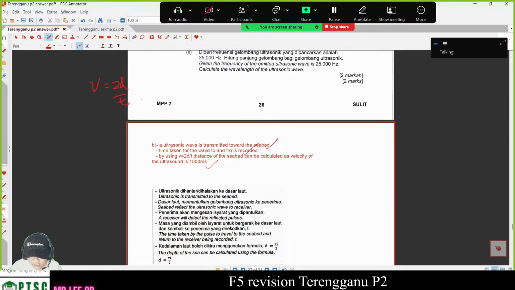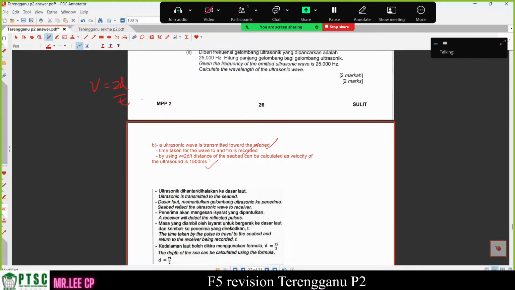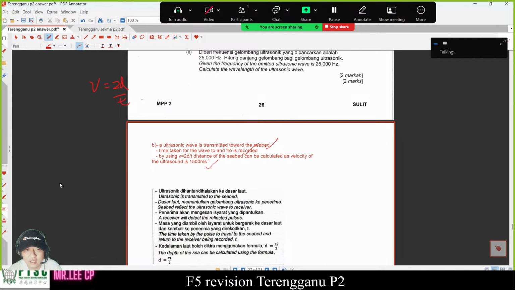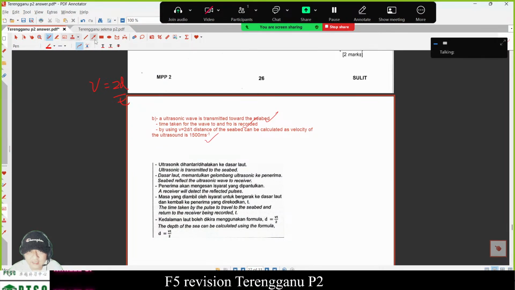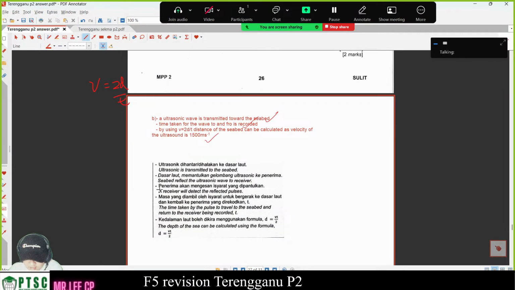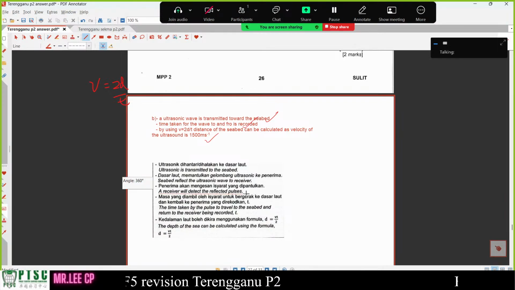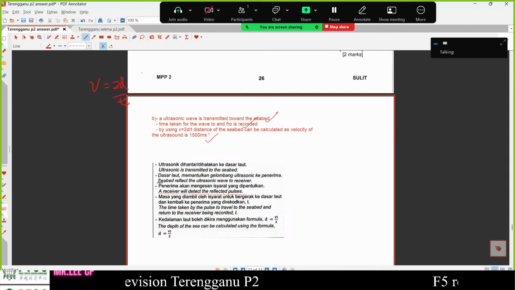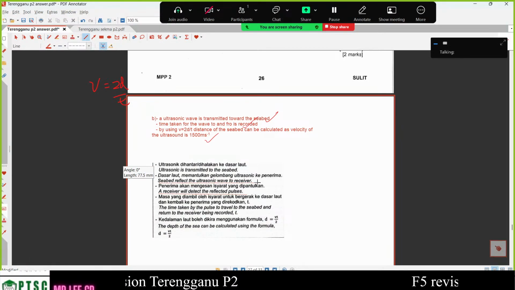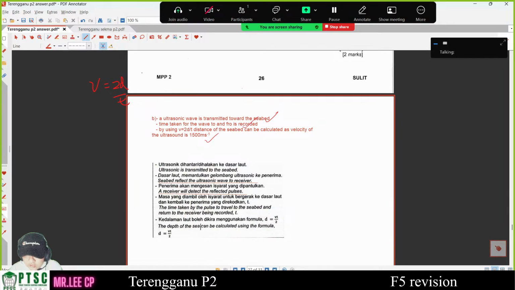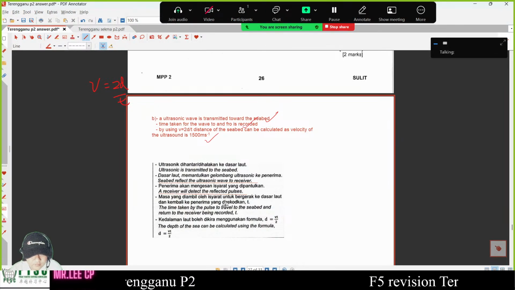Okay, I should use the word reflect. So I should add in the reflect. So the answer is here. So I should add in this one, and this one. Either one will give me full marks. So this one all got marks. Okay.